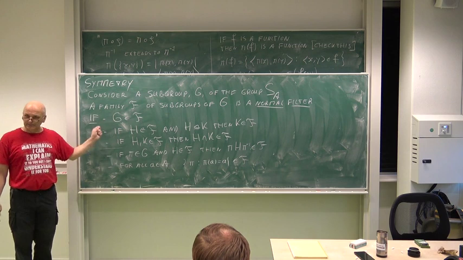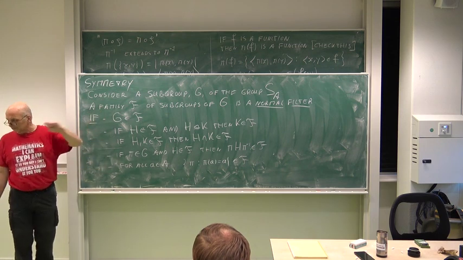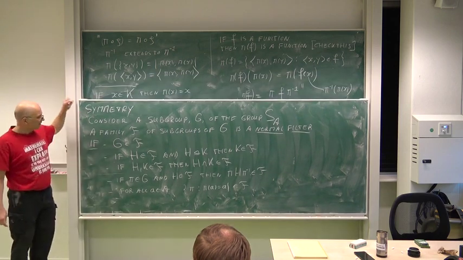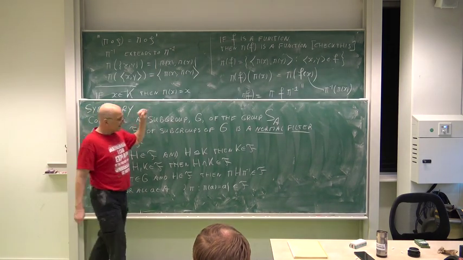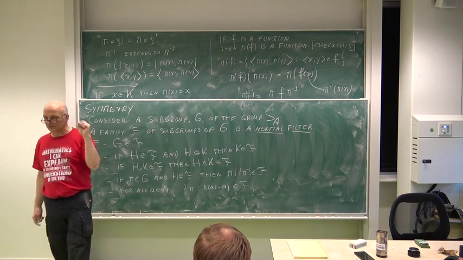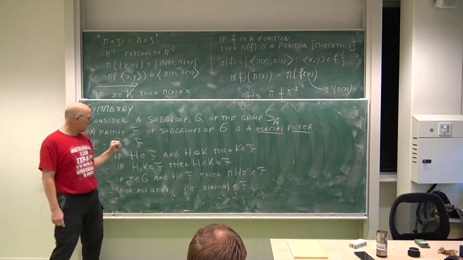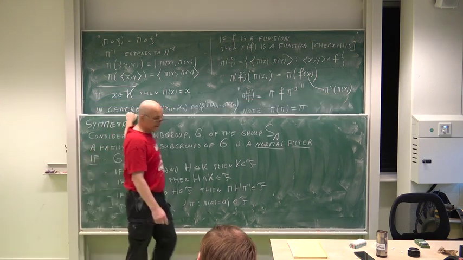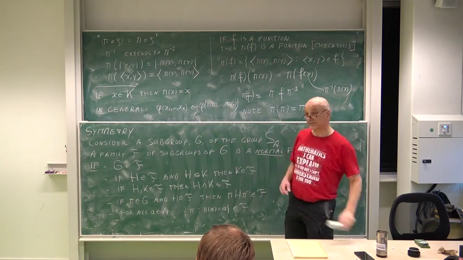This was developed a little bit later to make the method just a little bit more flexible. We have a set of atoms, we have a subgroup of its group of permutations, and we have a filter, a normal filter. Then we can define what it means for something to be symmetric.